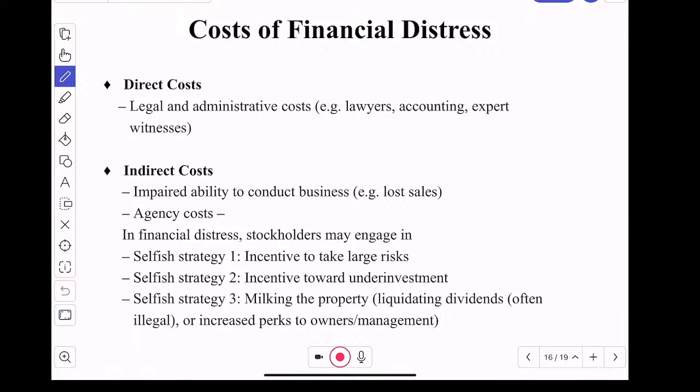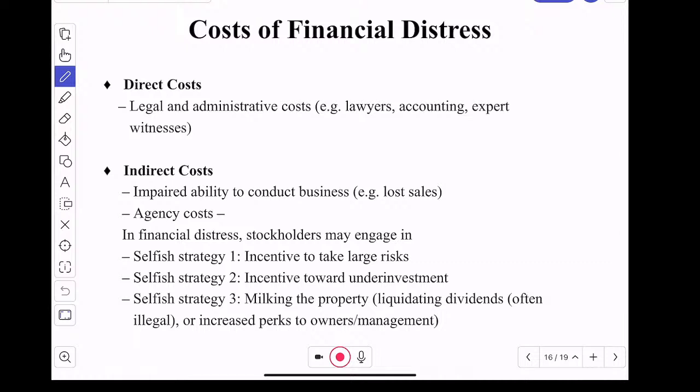Selfish strategy two is an incentive towards underinvestment. So they'll take large risks, but they won't take positive NPV projects on. And again, the stockholders are the owners, and they will reward the board of directors for their choice of managers that satisfy their selfish strategies.